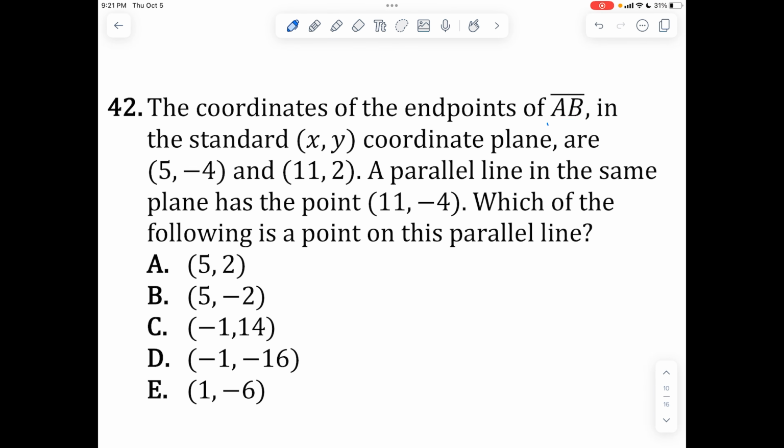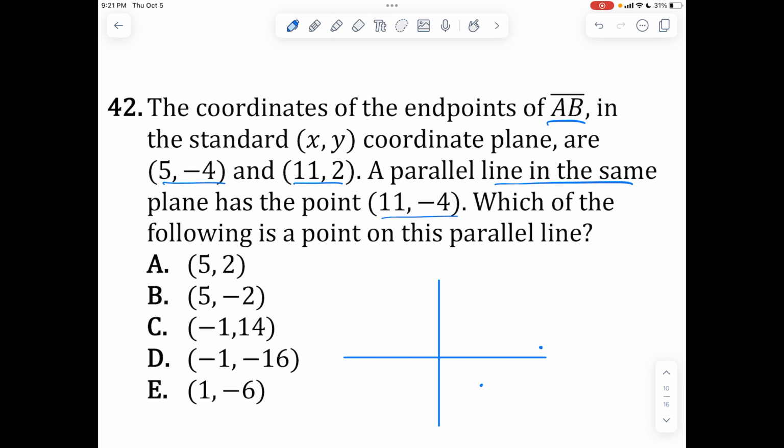The coordinates of the endpoints of AB in the standard coordinate plane are this and this. A parallel line in the same plane has this point here. Which of the following is a point on this parallel line? Okay, so endpoints of AB, let's draw it out to make it easier to visualize, are 5, negative 4, and 11, 2.